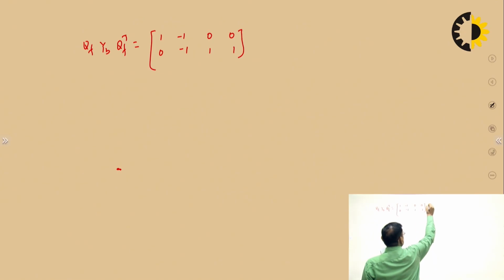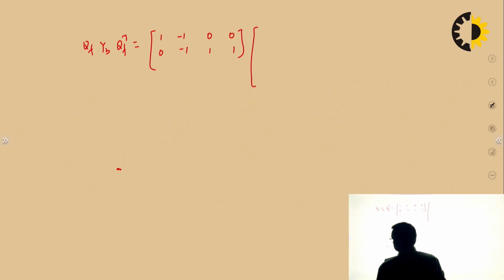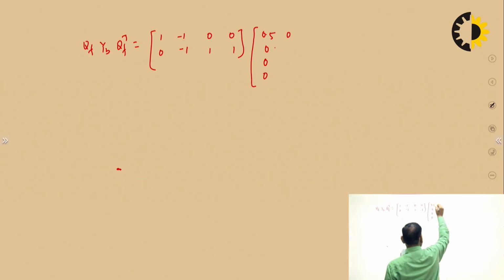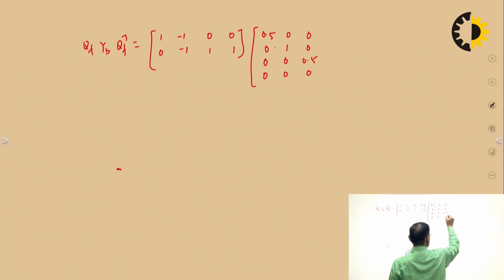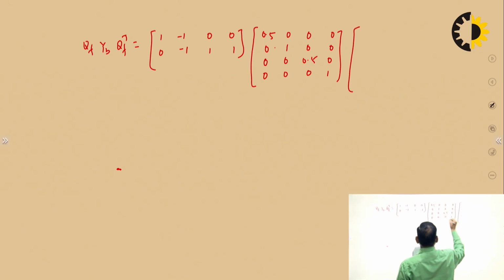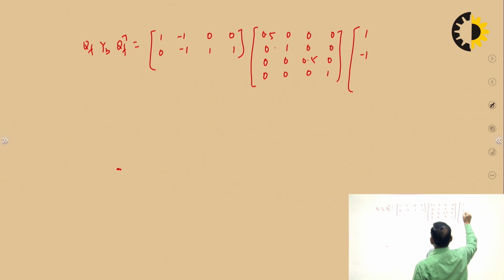This is your QF, then YB, which is 0.5 0 0 0, then 0 1 0 0, then 0 0 0.5 0, 0 0 0 1, and now the transpose of this, so it is 1 minus 1 0 0 0 minus 1 1 1.